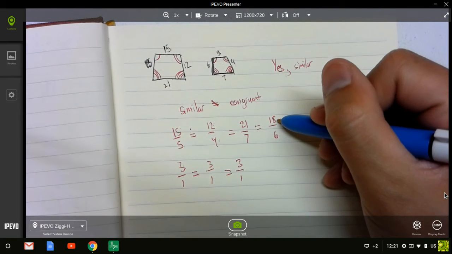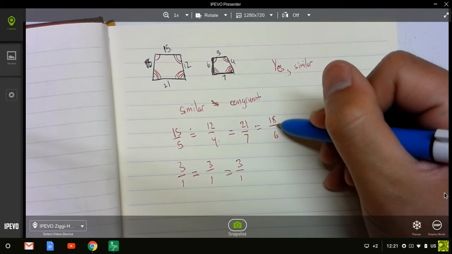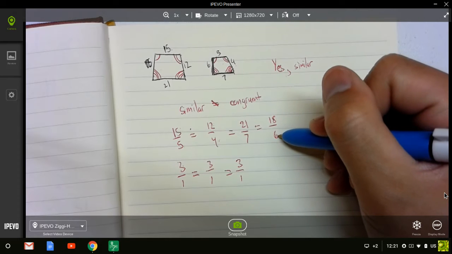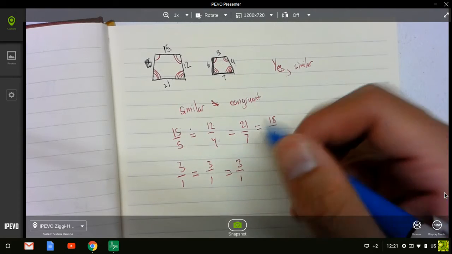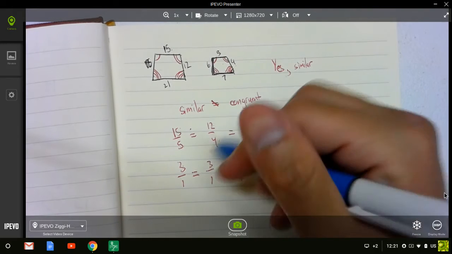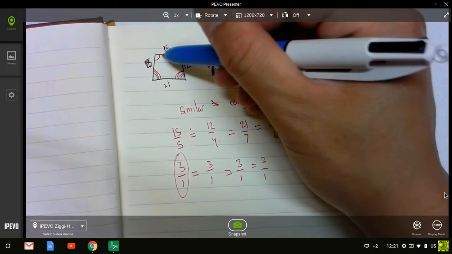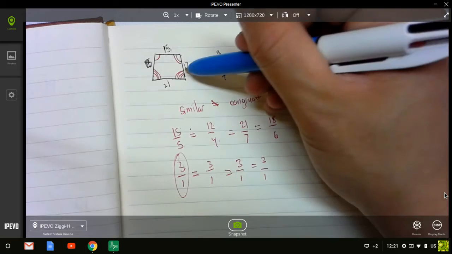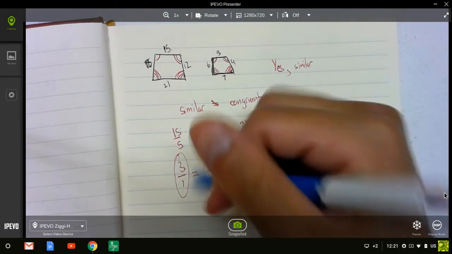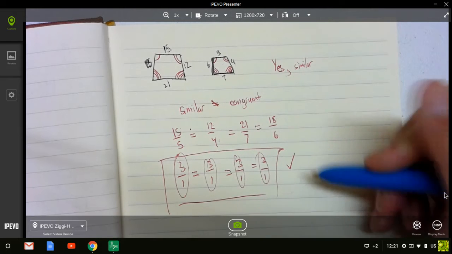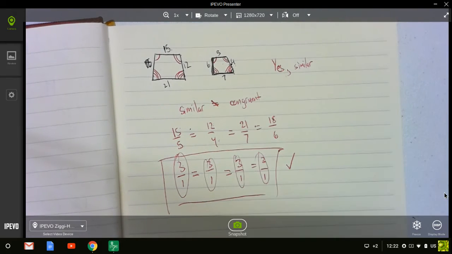And over here, the greatest common factor is 6, so dividing the top number by 6 and the bottom number by 6, I would get 3 over 1. Again, all the corresponding sides form the same ratios. So that tells us that yes, both of our shapes are similar.